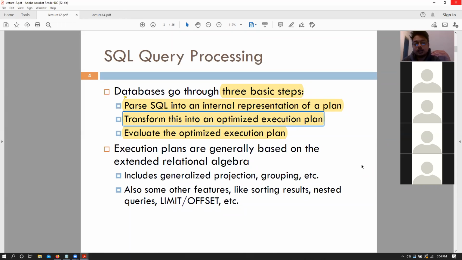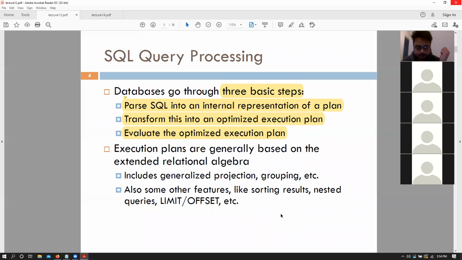But we will also look into some other things that are not inherently given by the relational algebra model, like sorting, limit and offset. Those are also something that it looks into when it is actually planning what to do.